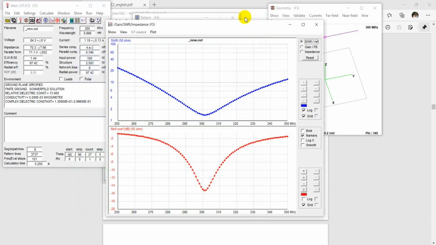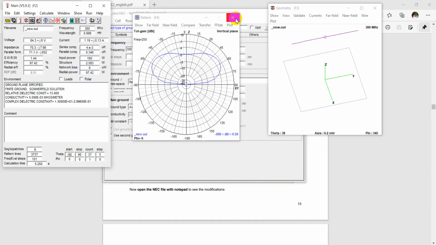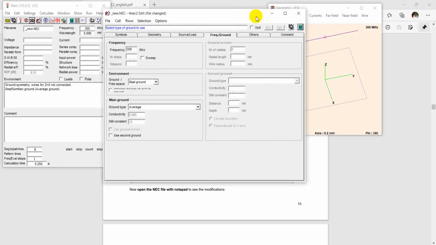So in this area you can learn and understand the radiation over the ground at any height. You can see the radiation pattern and the geometry, showing the dipole over 0.5 meter of simulated real ground.